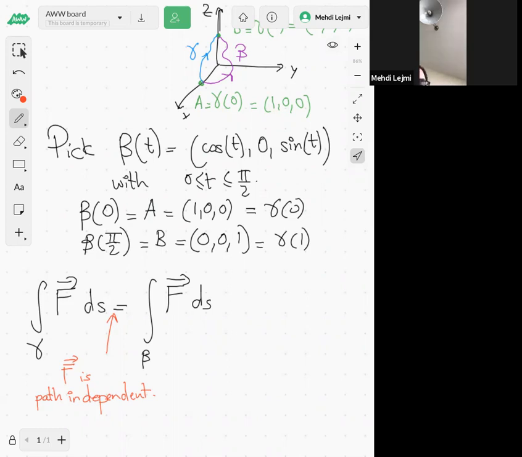Now, this is just F of beta of t, scalar product with beta prime of t dt, t from 0 to pi over 2.